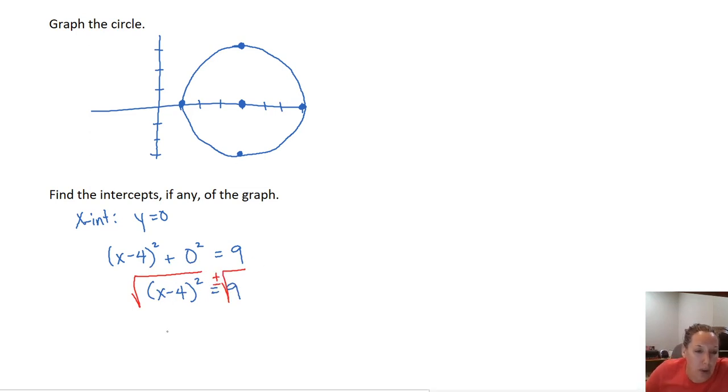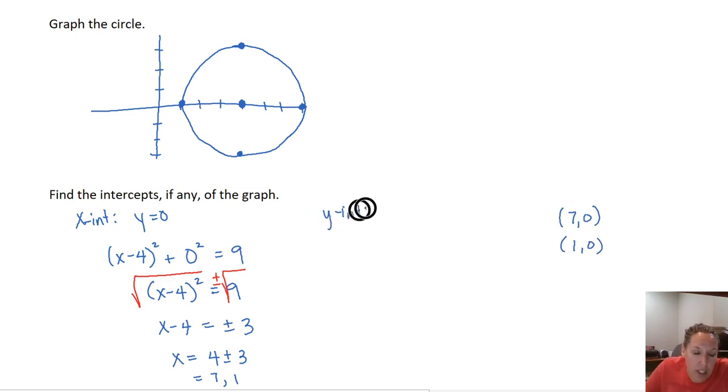The square root of (x minus 4) quantity squared is going to be x minus 4, and then plus or minus the square root of 9 is going to be plus or minus 3. So when we add 4 to both sides, we're going to get 4 plus 3, which is 7, and 4 minus 3, which is 1. So that is giving us intercepts at the points 7, 0 and 1, 0.